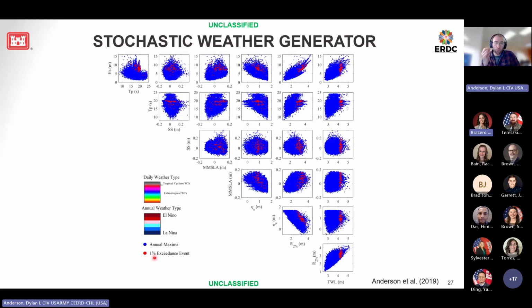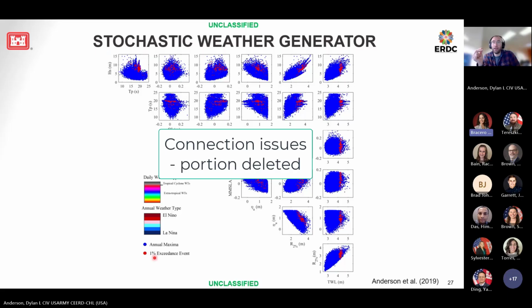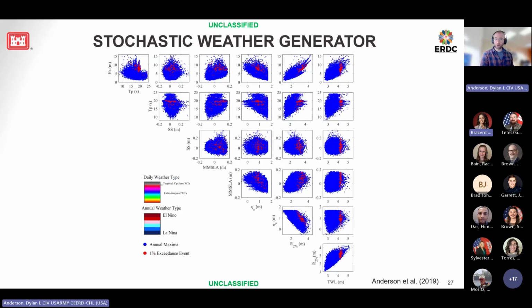What does that mean? It means our 1 in 100 year event, these red dots that are not clustered together, are variable: a 1 in 100 year event from one simulation to the next is not exactly the same.